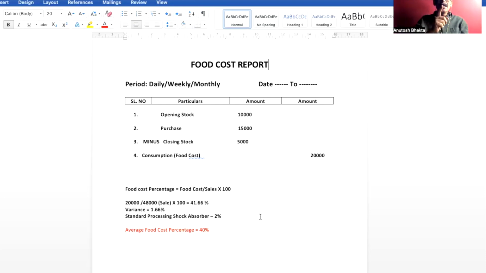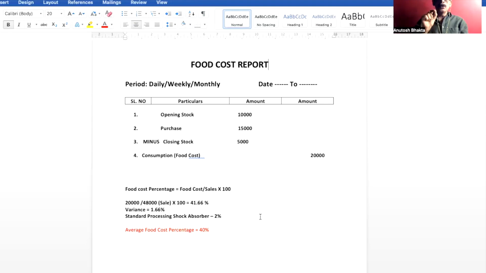But in the case of a large business, where the sales volume is very high, when you calculate the variance percentage, the amount will vary. Always we calculate on sales. Suppose your total sales are 50,000 rupees, so 2% of 50,000 is how much?